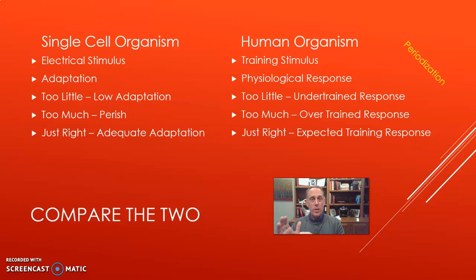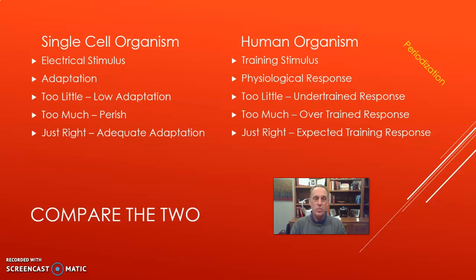On the left side, you have an adaptation to the electrical stimulus. On the right-hand side, the human organism will respond with a physiological response. You'll get stronger, you'll get faster, your cardiorespiratory system will be able to process better, and you get more flexible from doing stretching drills. On the left-hand side, if you had too little, you get very low adaptation.